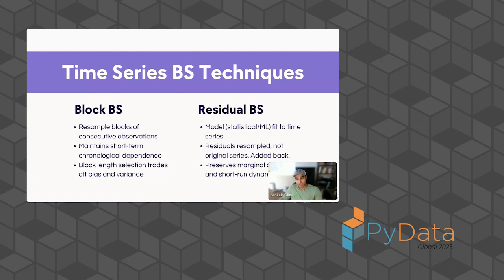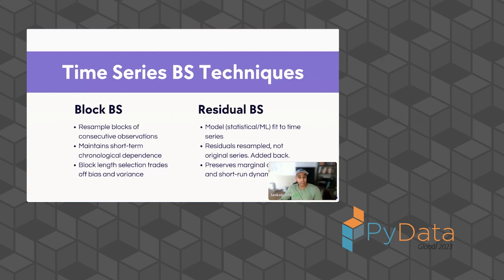So block bootstrapping, as you can see on the left side, resamples blocks of consecutive observations rather than individual points. So you chunk up indices together, and then you resample with replacement. What you end up doing is maintaining short-term chronological integrity.